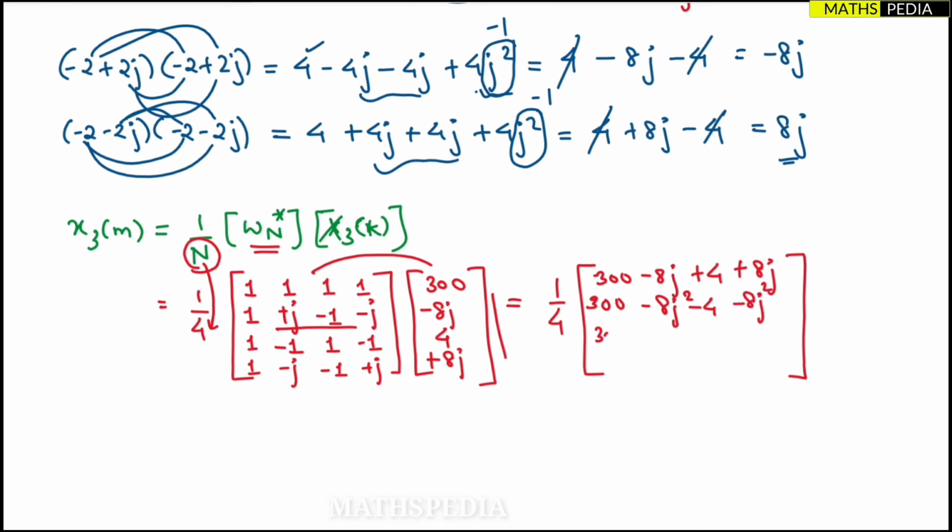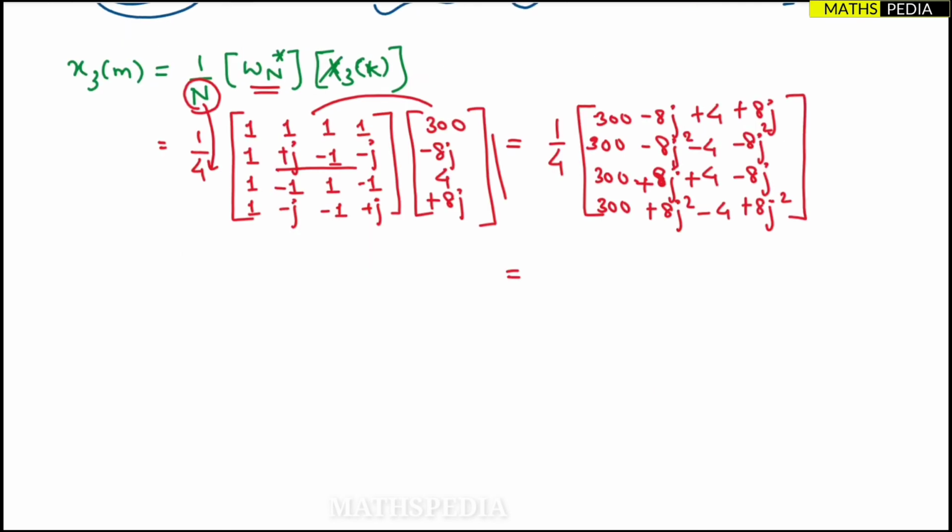Next the third row: 300 plus 8j, plus 4 minus 8j. The last row: 300 plus 8j square minus 4 plus 8j square. Okay, so this is what I got.